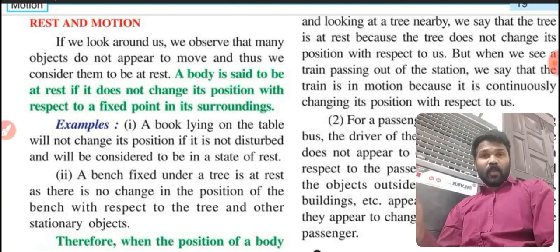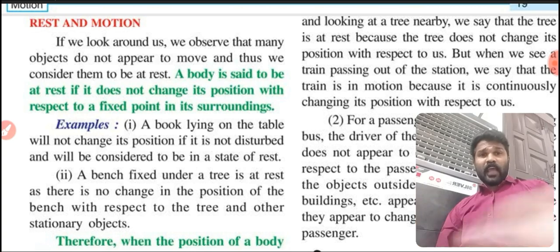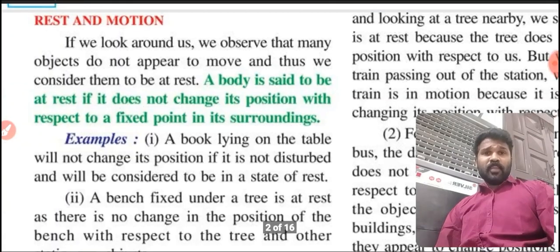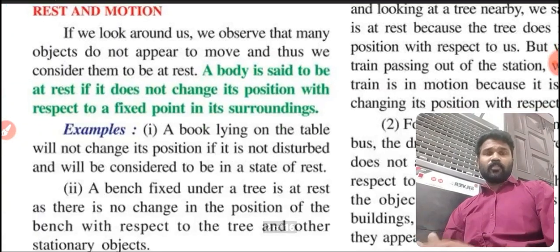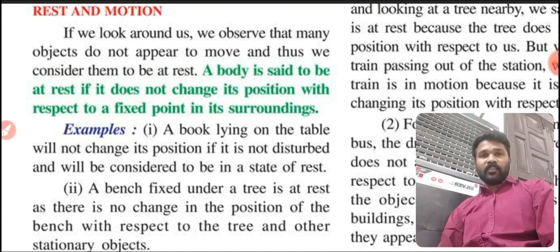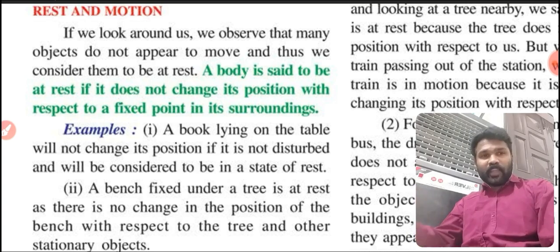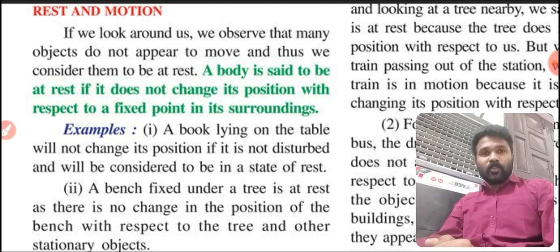If we look around us, we observe that many objects do not appear to move, and thus we consider them to be at rest. Many objects are not moving according to their surroundings. So we can say that those objects are at rest.